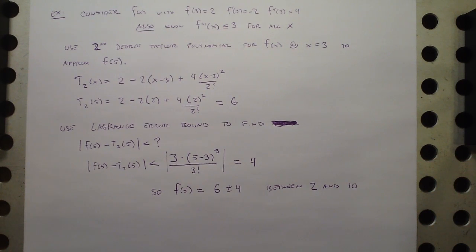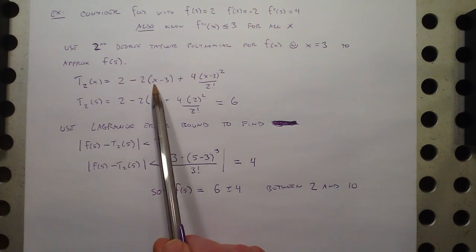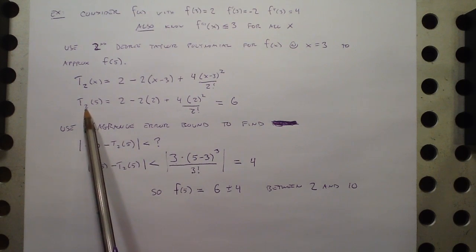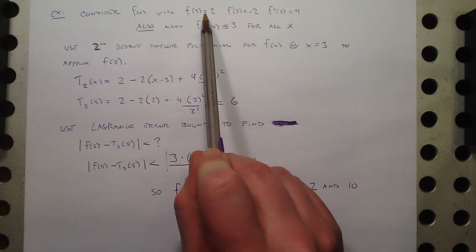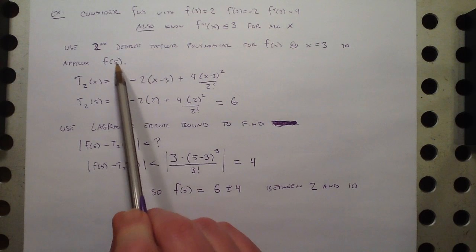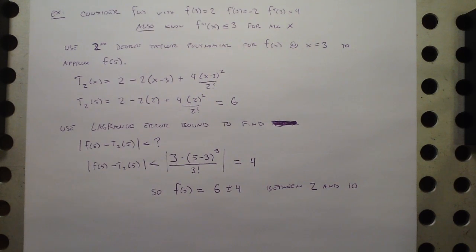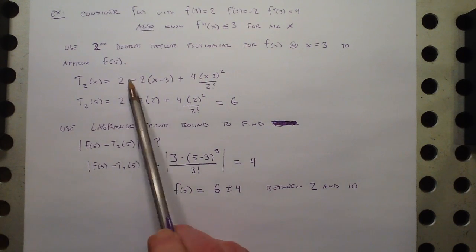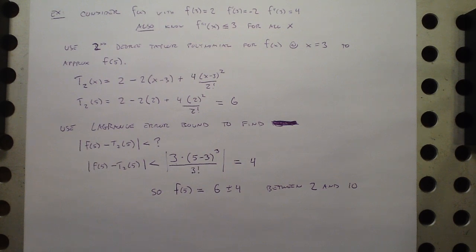Geez, that's not very good, is it? If you're wondering why is it so bad? Well, we're using the second degree polynomial that we made at x equals 3, and we're trying to approximate 5. 5's kind of far away from 3. And this is only the second degree approximation, so I think our expectations shouldn't have been that high. But that's how you use Lagrange.